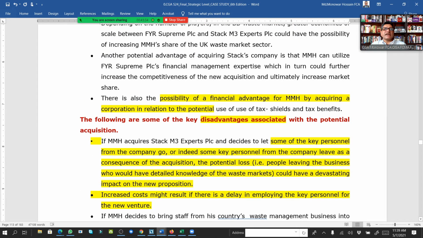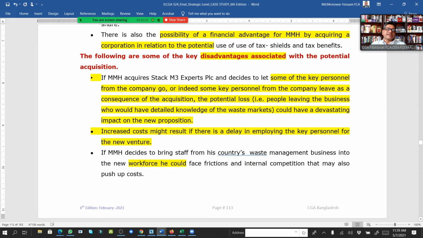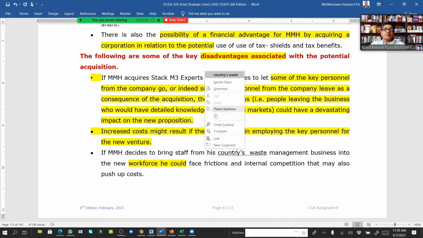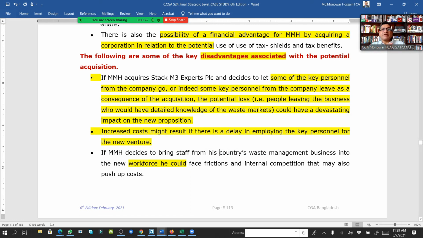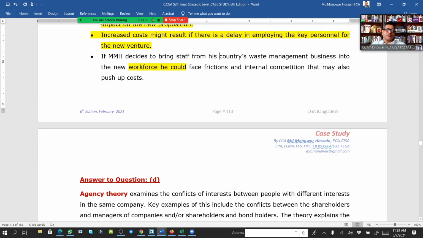That can be different things, because the owner wants to bring a workforce from his country, but after the acquisition of the new company, key personnel within the company that is being acquired can leave the job. Also, they can terminate it. That is the disadvantage associated with this takeover.